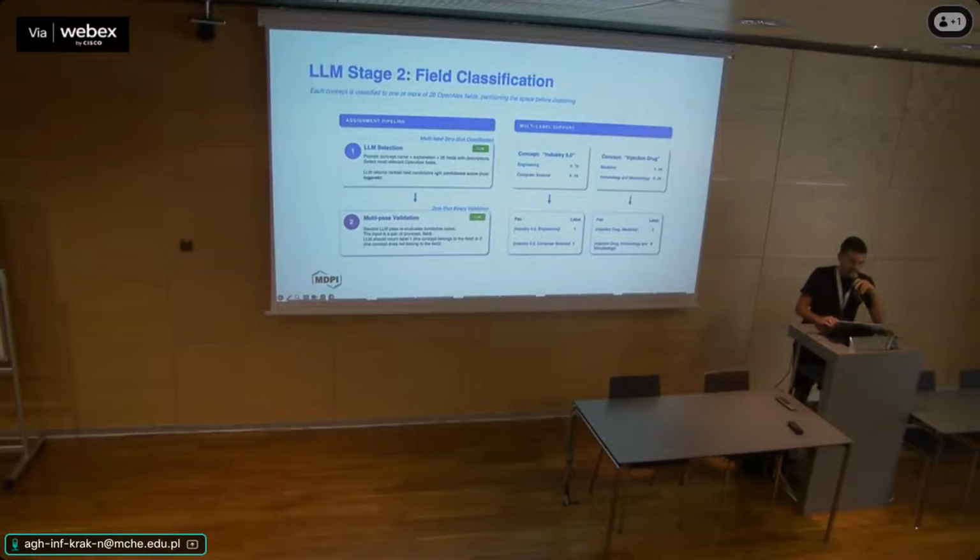So we had a multi-pass validation, a zero-shot binary validation. For each of the fields with a very high threshold, so we didn't use all 26, of course, but only the ones above a high threshold, we asked: you have this concept, and you are provided with this specific single field. We were asking yes or no. This is a binary question, and in this way it was easier for the LLM to discriminate.